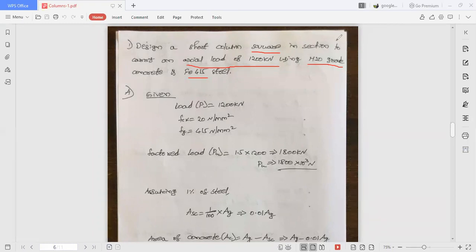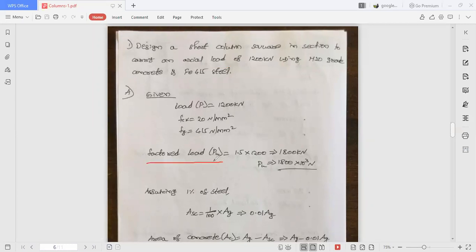In the question they have not mentioned whether this 1200 is a working load or a factored load. So it is up to our view. If you assume this as factored, you can go ahead with the same 1200. If you assume this as working load, convert it into factored load. I will assume this as working, so I will find the factored load here.